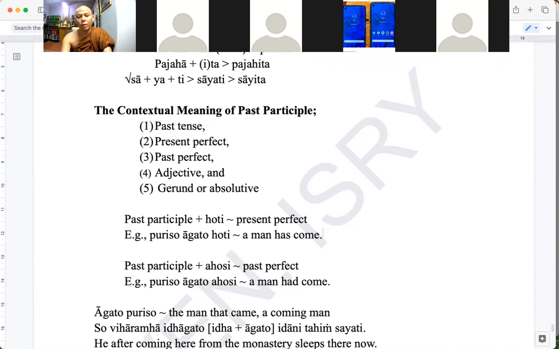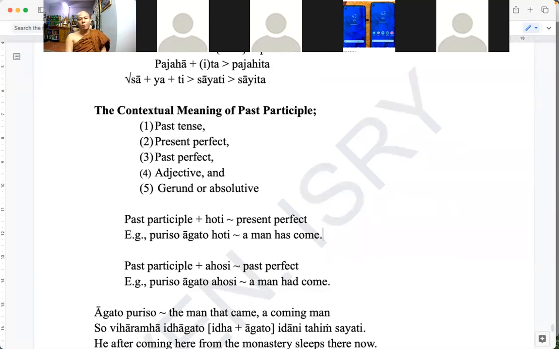Sometimes the past participle, by form or function, acts as a predicate without any definite finite verb like hoti or ahosi, and based on the content or the time expression, we can understand.